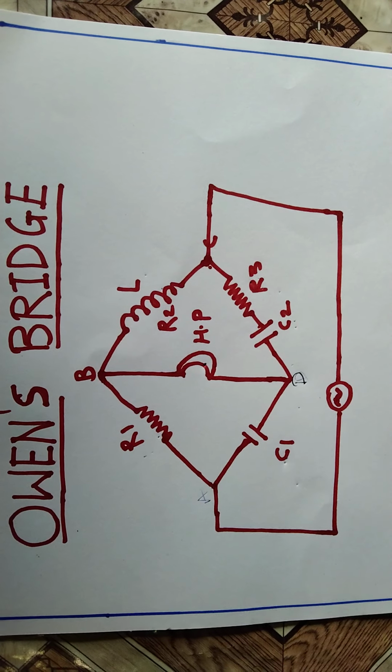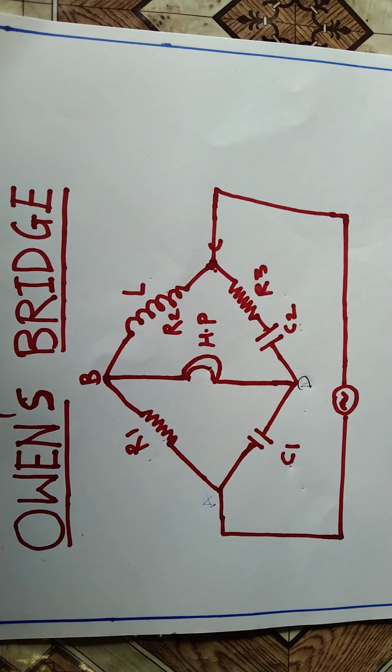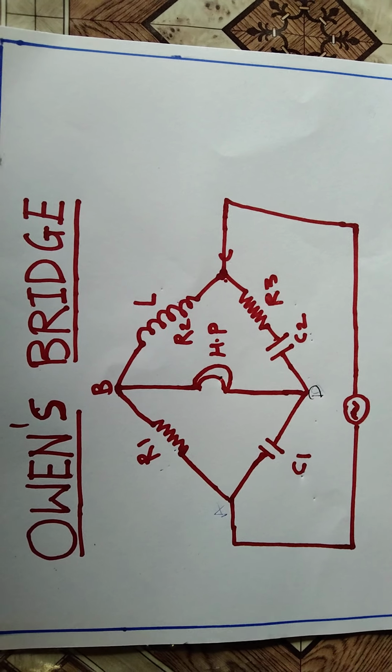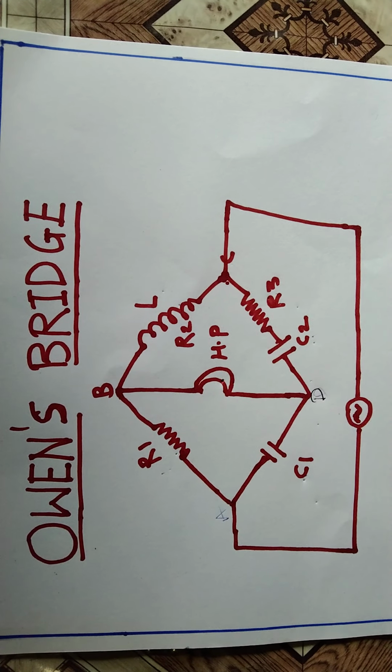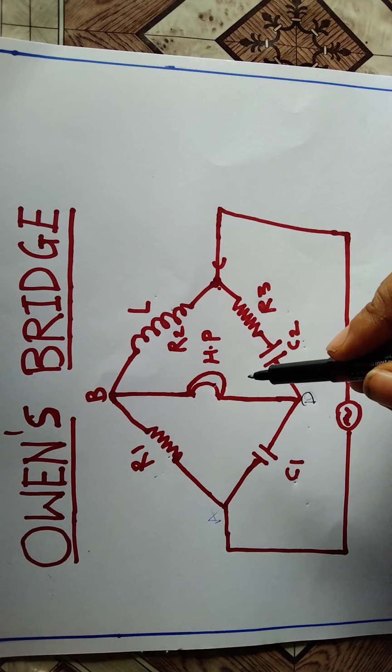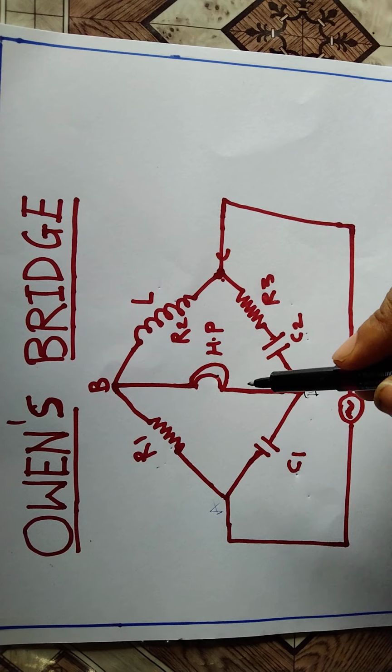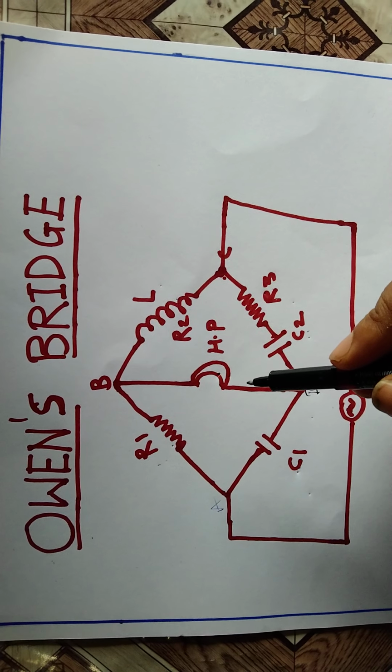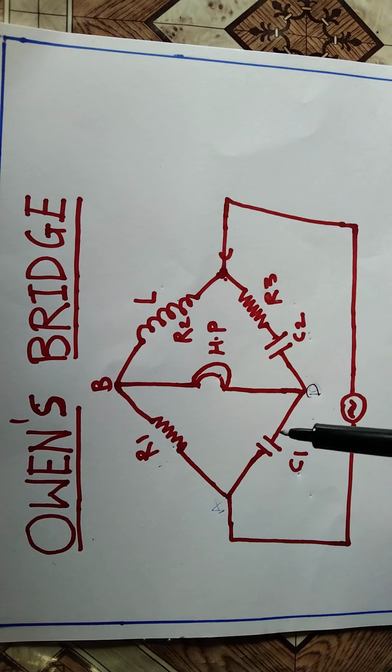In terms of BD, we used a detector. The detector is used to obtain the balance condition. When there is no sound in the headphone, it means null deflection, which is the balance condition.